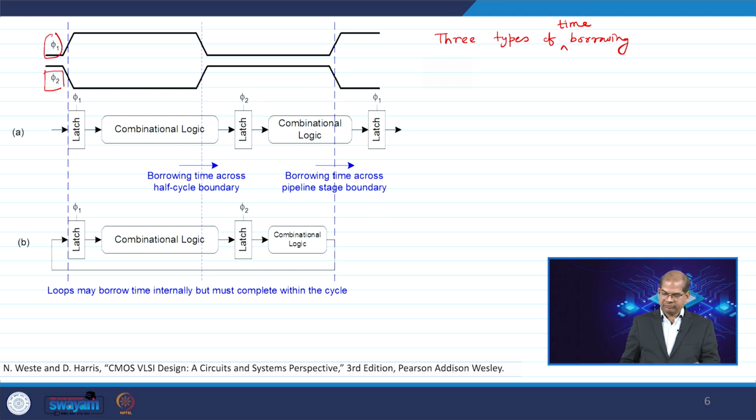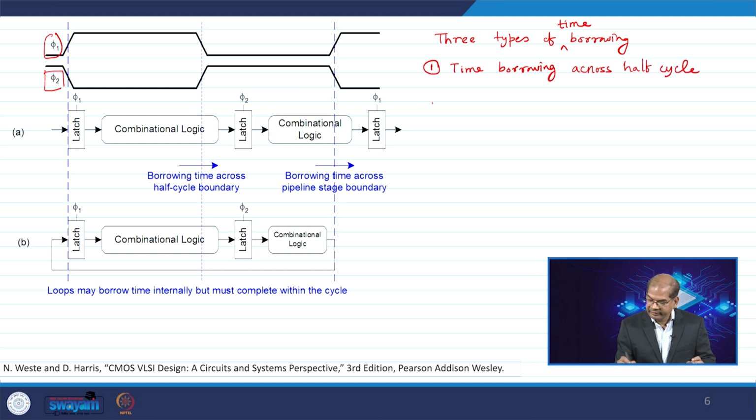Okay. So, the first one is time borrowing across half cycle. Then the second type is time borrowing across stages.